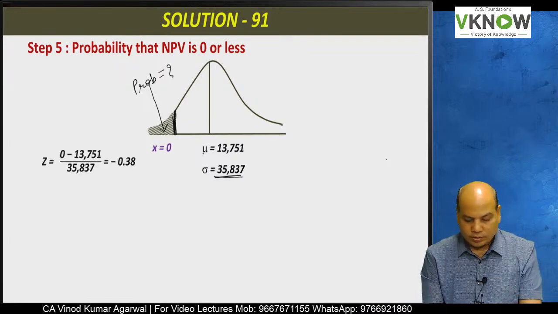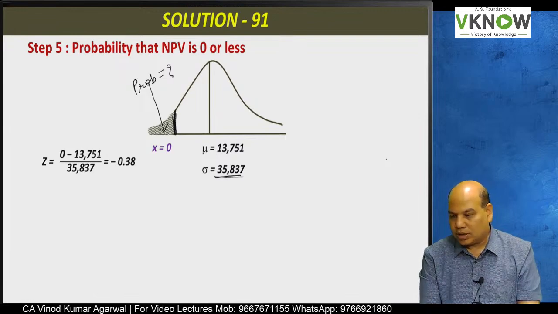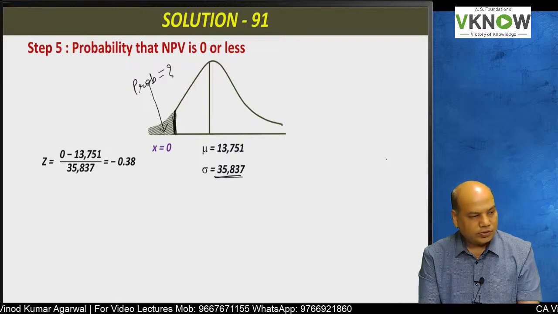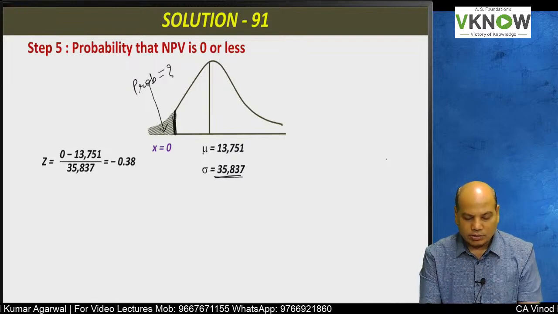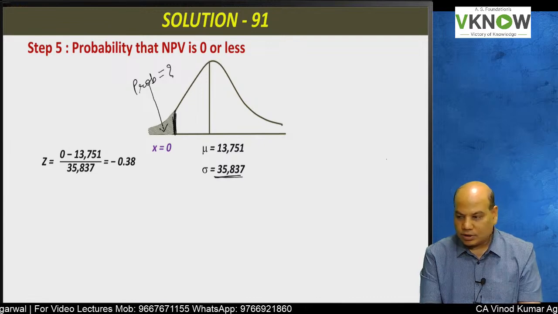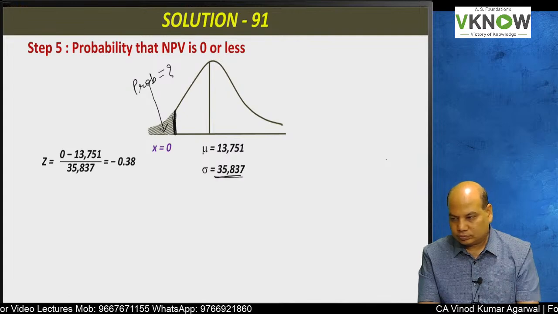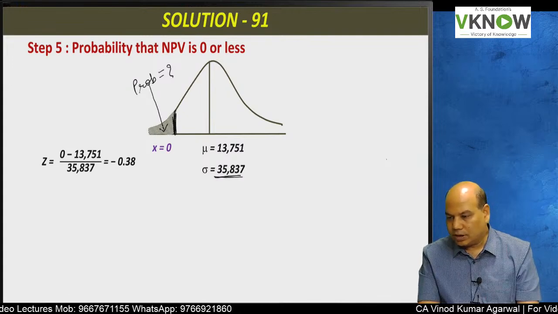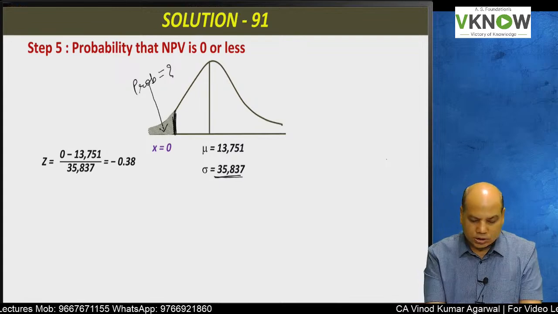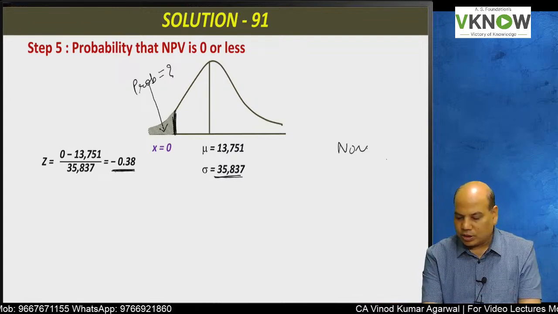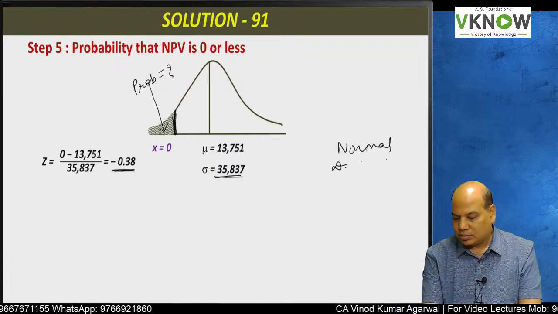First you will write below the graph, z value is 0 minus 13751 divide by 35837. This comes to minus 0.38. Go to the normal distribution table.